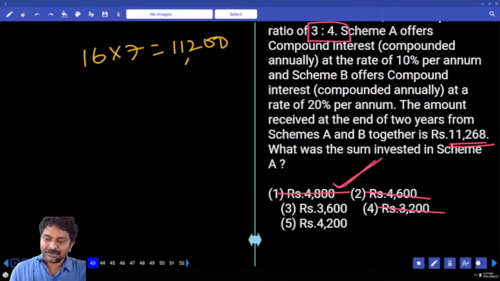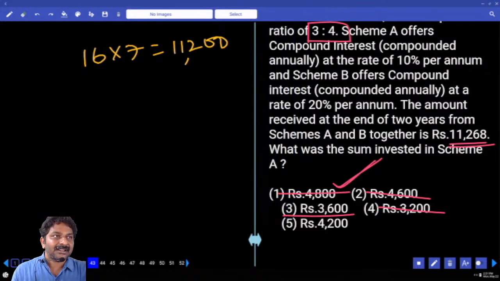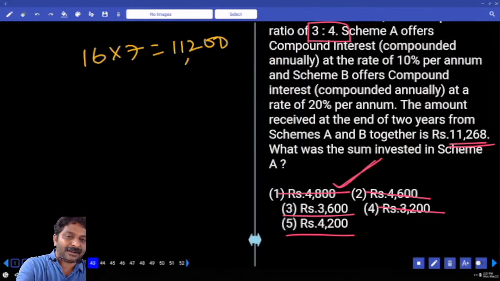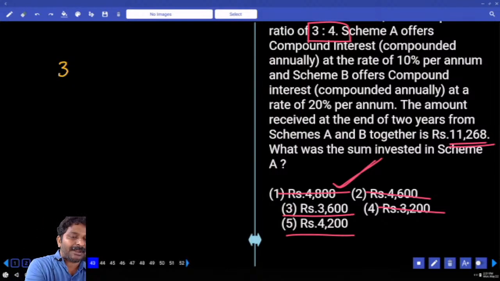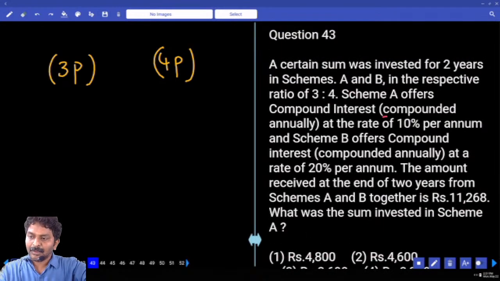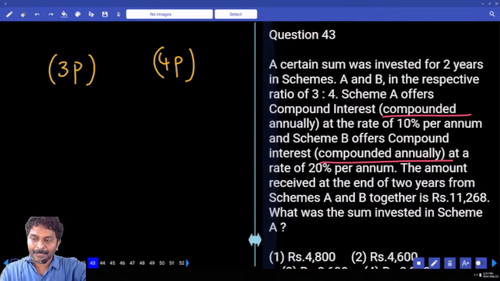Agreed? So it may be either the third option or the fifth option. Okay. Let me take, we have 300% or 3 parts. Now we have 4 parts or 400%, whatever it is, don't worry. Now, both offer compound interest only.